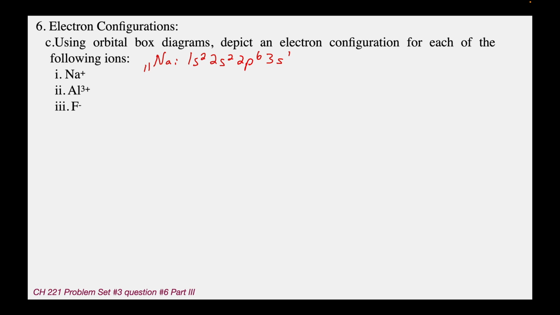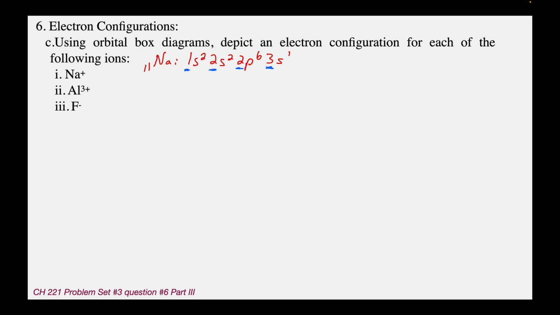However, in this problem, we want to figure out the sodium plus cation, i.e., what's the electron configuration of sodium without one electron. And what you want to do when you're taking away electrons is you always take away electrons from the highest n. Now, the numbers in front here, the 3 in 3s, as well as the 2 in front of the 2s and 2p, and the 1 in front of the 1s, those are the n values.